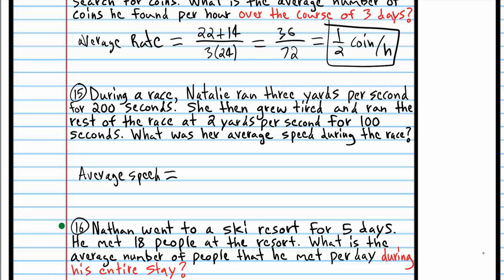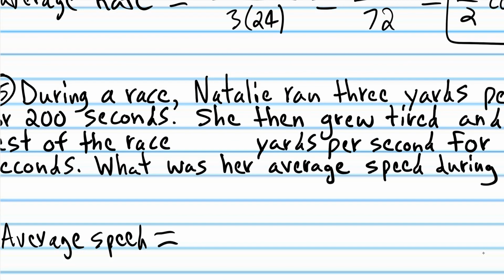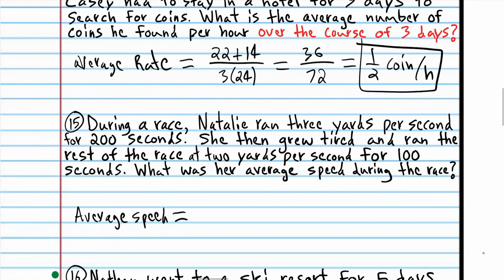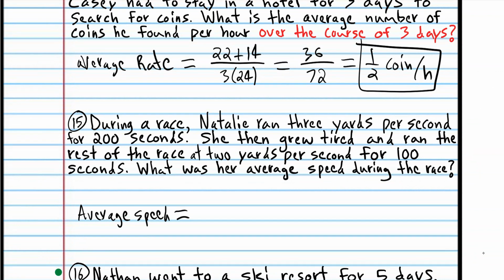You can't take 3 and 2, and I just noticed that that should be written as a word. Sorry about that. So she ran 2 yards per second for only 100 seconds. So there's more weight on this rate than there is on this rate because she was running the faster rate for longer.